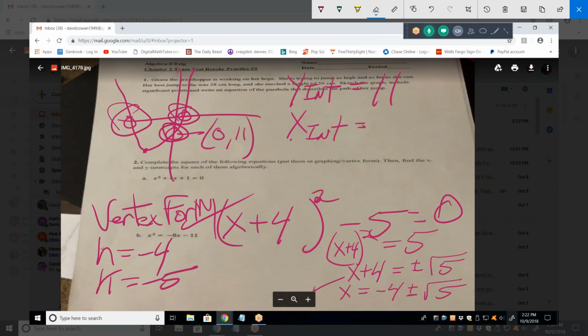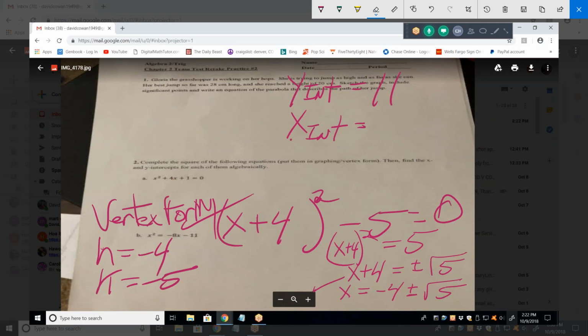Because that's really what they wanted us to do, was to graph it. Start with our vertex, minus 4, minus 5. I know it opens up. Let's see, minus 4 plus 2.2 is about minus 1.8.